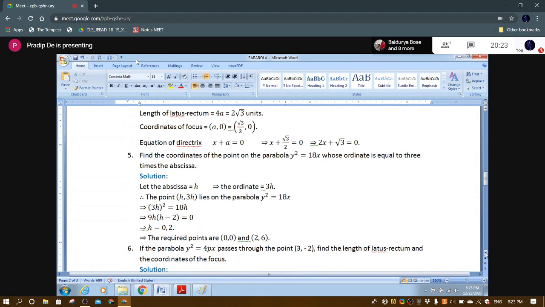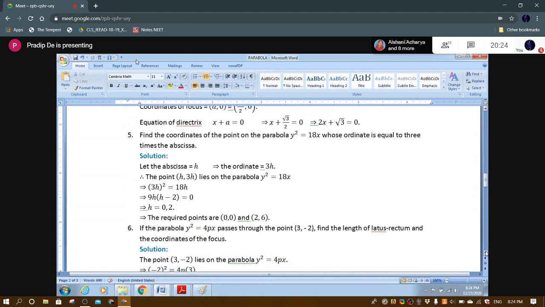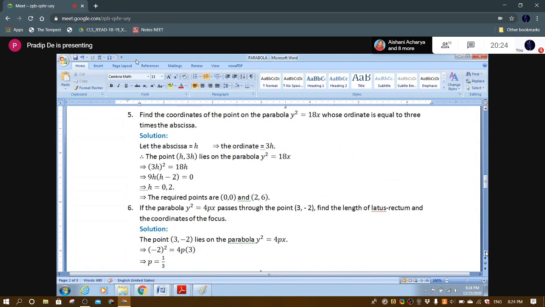When you do that, what is the value of p? Put x equal to 3, y equal to minus 2. Find p. So 1 by 3. Yes, p is 1 by 3. That means the equation of the parabola is y squared is equal to 4 by 3x.